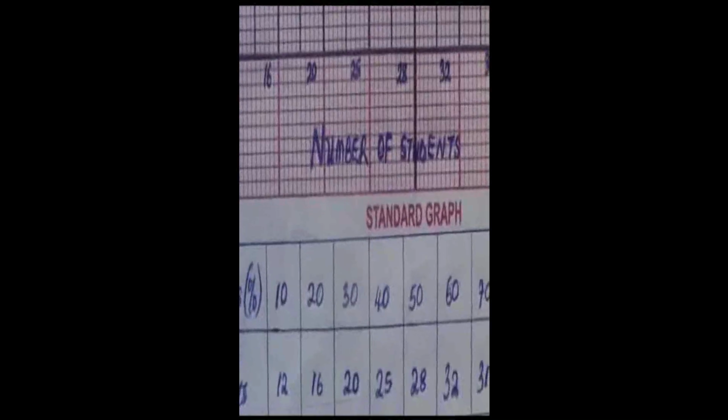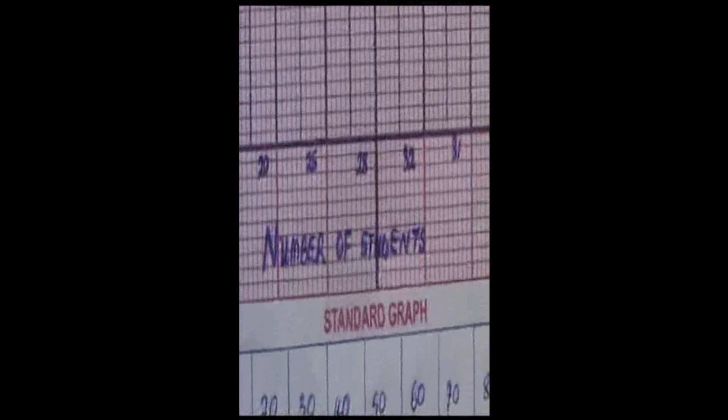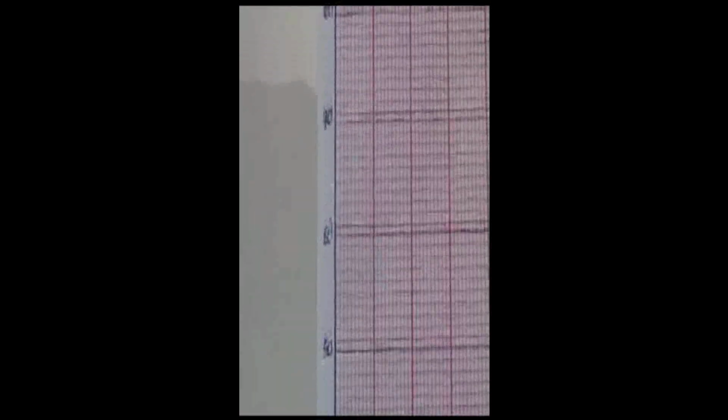The very important thing you must include while drawing your bar chart is what is represented on the x-axis. In this case, the x-axis represents number of students, just as you have from your table of values, while on the y-axis marks are represented.